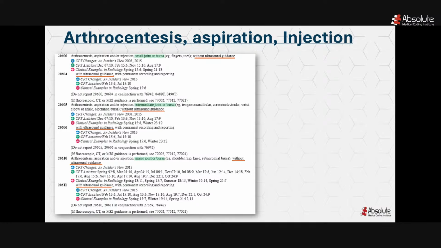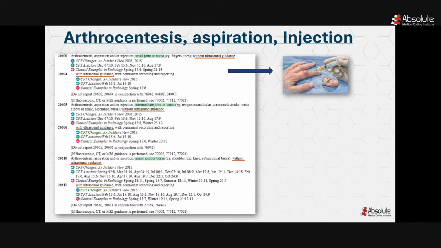Okay, so let's break it down. So we have small joints or bursa like fingers and toes. In such cases, we use CPT code 20600 when done without ultrasound guidance, and 20604 when done with ultrasound guidance and permanent recording. All right.